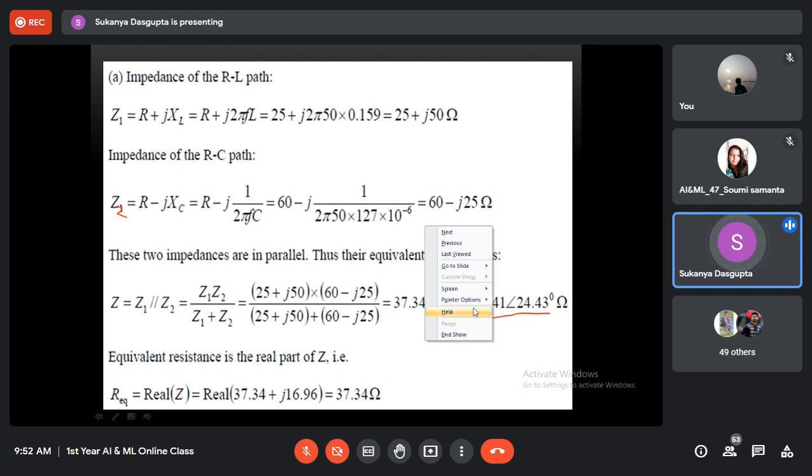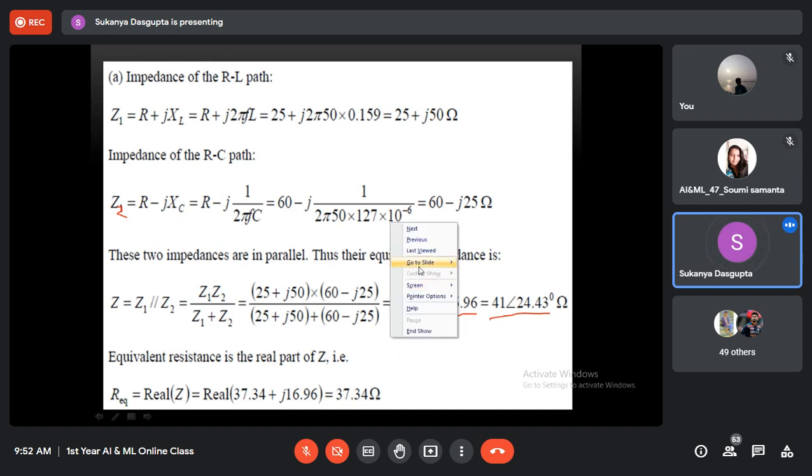And what is the reactance value? The reactance value is definitely the coefficient of the complex operator J, right? So here the equivalent reactance is 16.96 ohm.